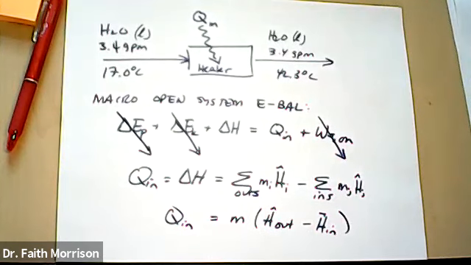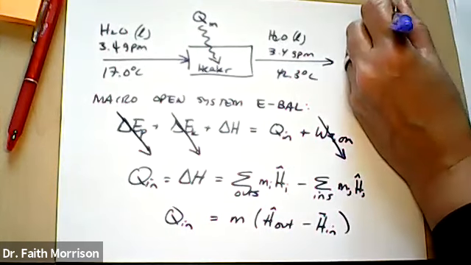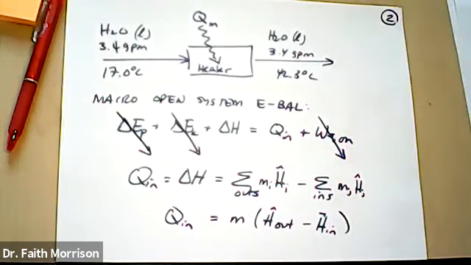And we can go one step farther by looking at how we calculate an enthalpy change in a stream that is a liquid. So this is a liquid in both cases.